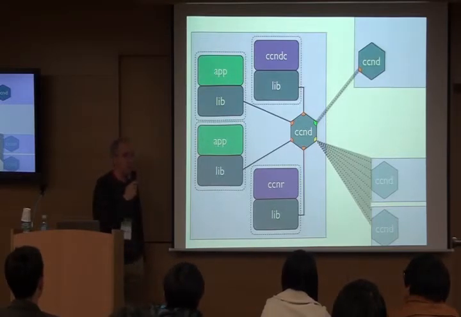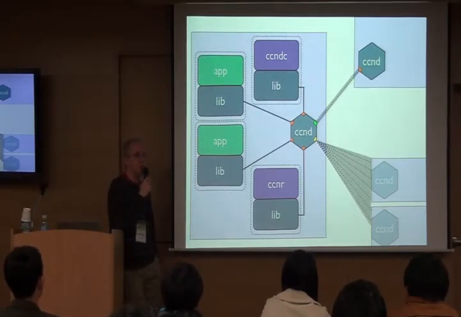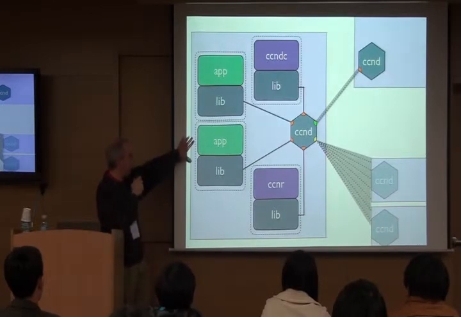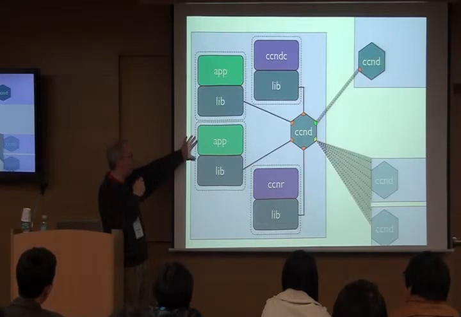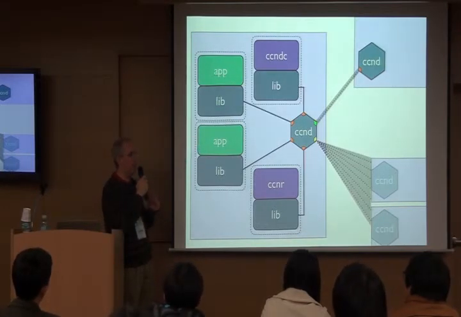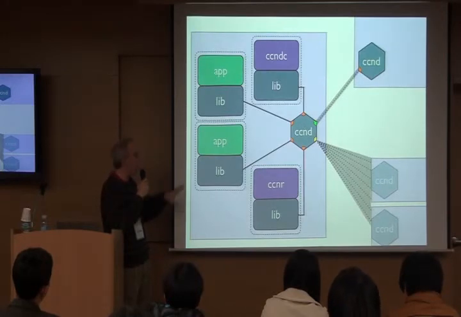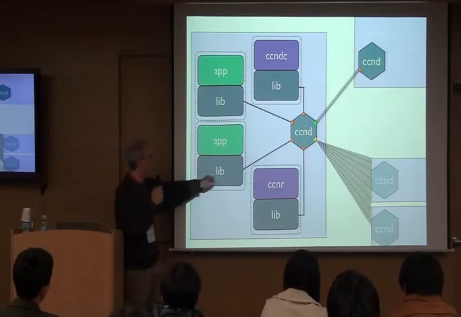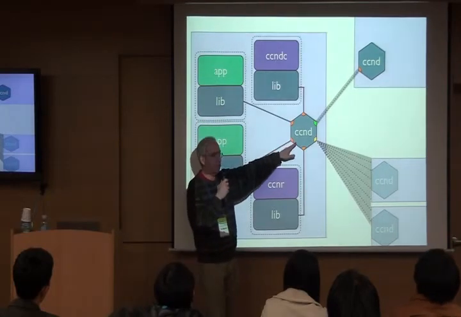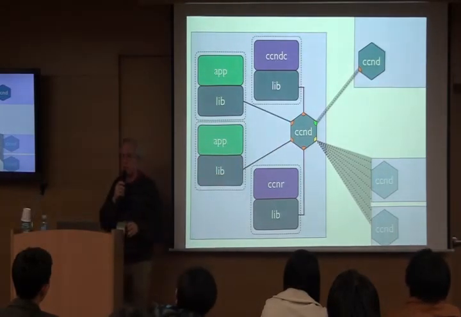So when we turn to look at a first example, we're going to be looking at an example program as an application. We're actually going to look at a producer-consumer pair. And so these will be an app with a library, and that library will take care for you of establishing a connection to the local CCND on your own machine.